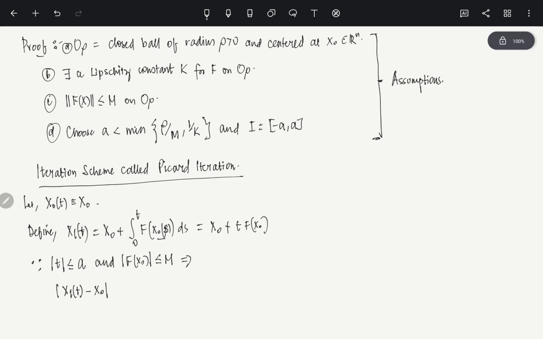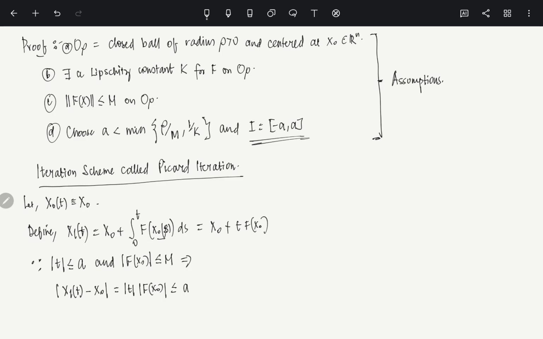Can I do that? So this is nothing but equal to mod t times the norm of f of x naught, right? This is just basic calculus. So this is dominated by a, because mod t is always less than or equal to a. That is given, right? See, I is between minus a and a.